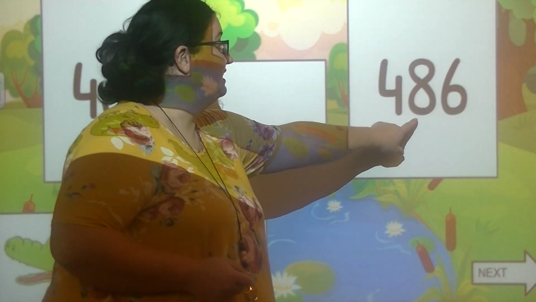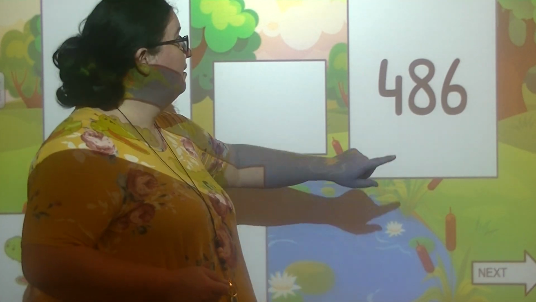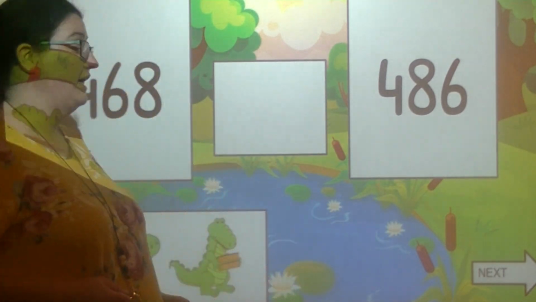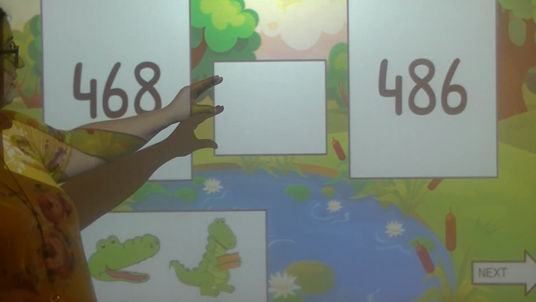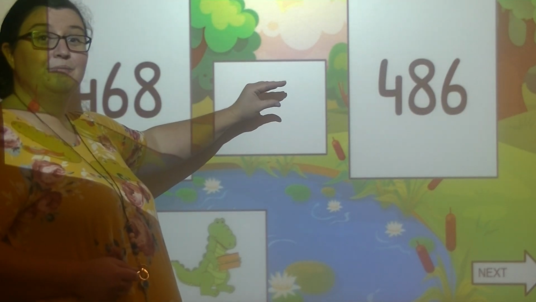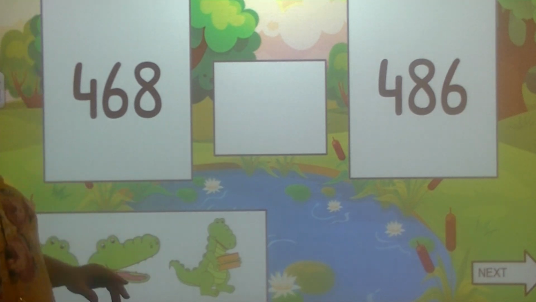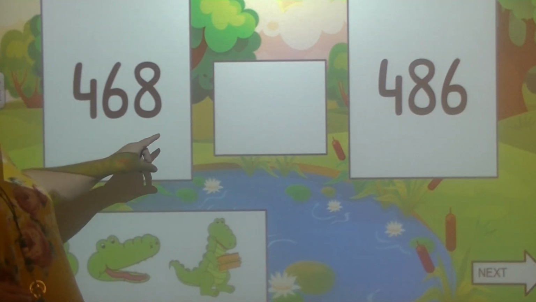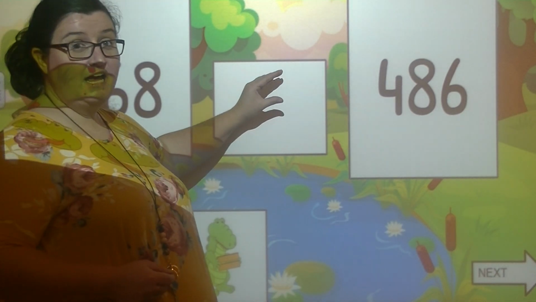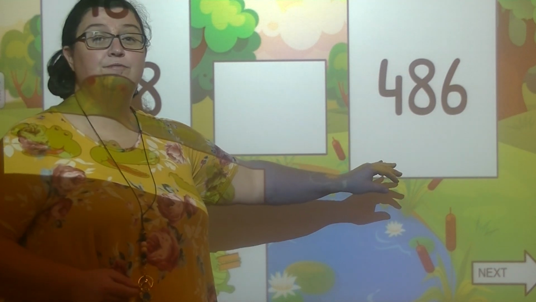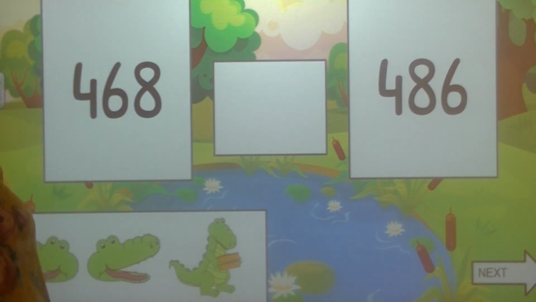Yes, this one is greater. 486 is greater. So this time our alligator mouth is going to chomp this way. This says 468 is less than 486. So this would be our answer.